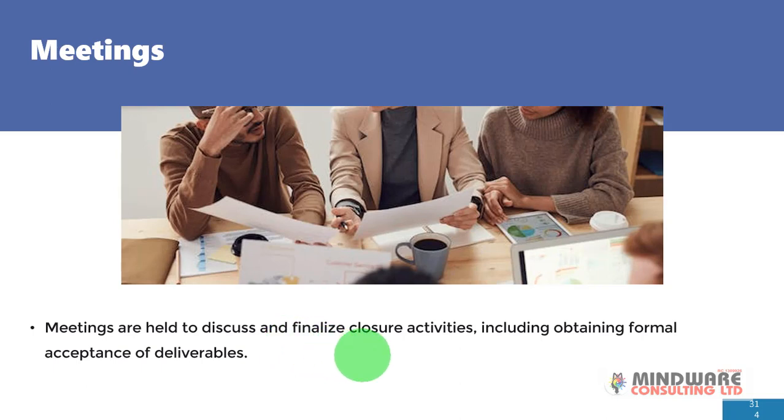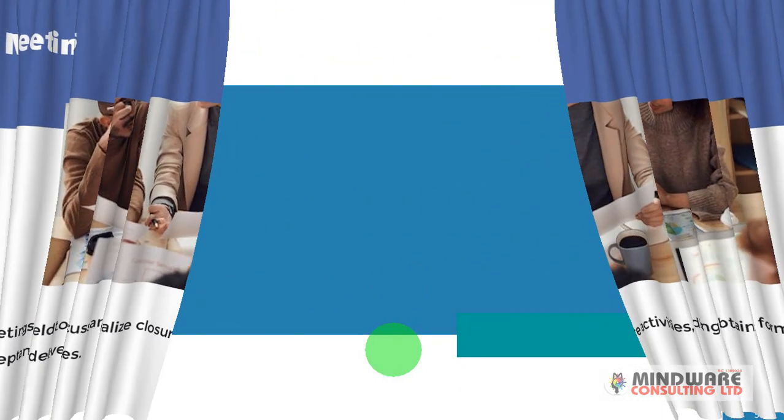Part of that discussion will include obtaining formal acceptance of the deliverable. They are going to formally accept it, it could be in written format with their signature, that yes, the deliverables actually met their requirements and they are accepting the deliverables. Until that is done, you cannot actually close the project. So this is very important.